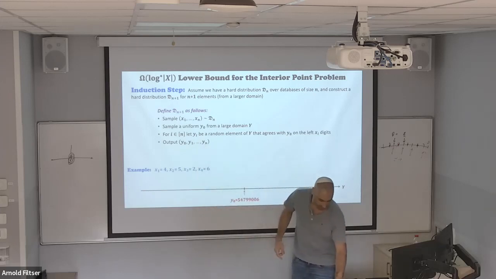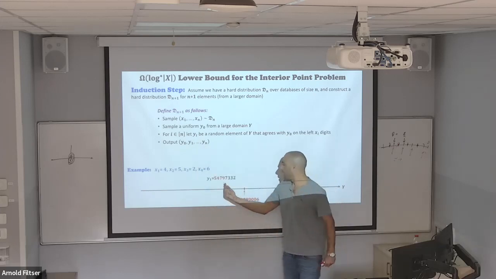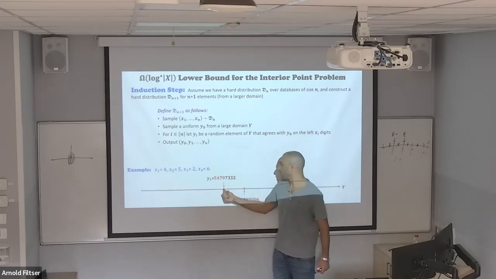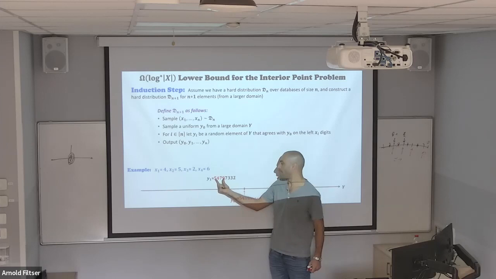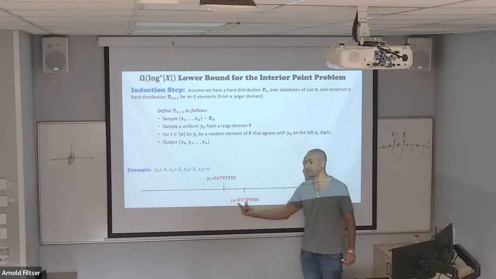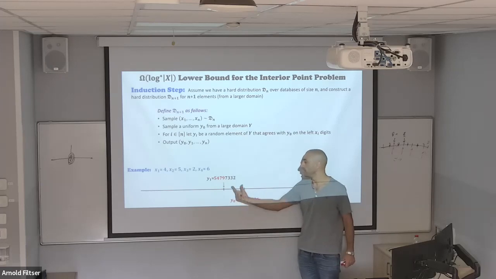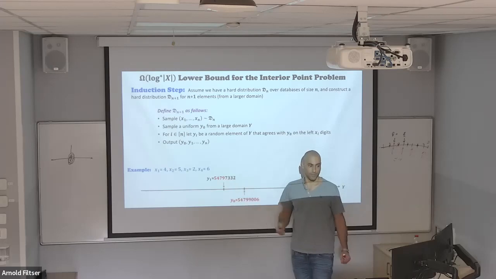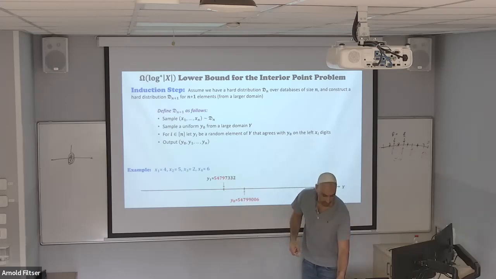Let's see it in the picture. I think it's easier. I look at the first input point here. It's 4. Then I construct y1, which has the first 4 digits identical to y0. I copy them from here, and the rest of the digits I just sample uniformly.